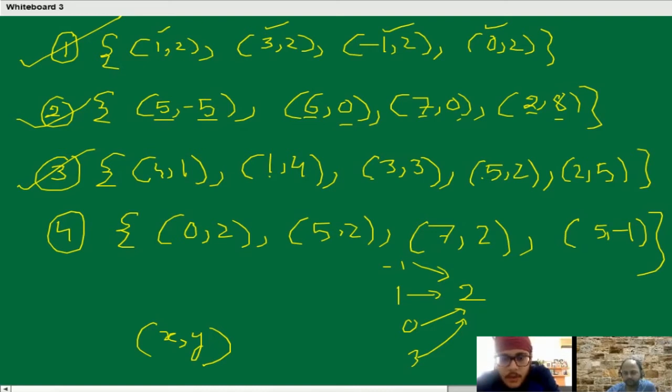Because this one is having two, and then the last one is having -1, sir. Very good. Here 5 goes to 2 and 5 goes to -1. So it's not possible. The same x value can't have two different y values. So it must not be a function. Okay, does it make sense? Yes, sir.